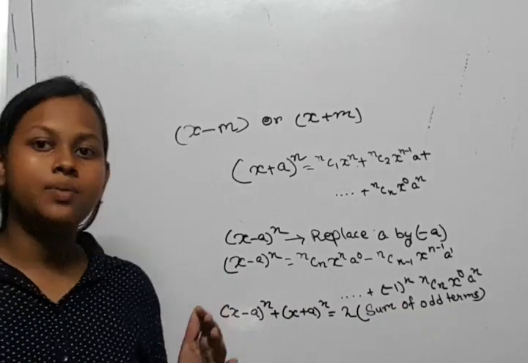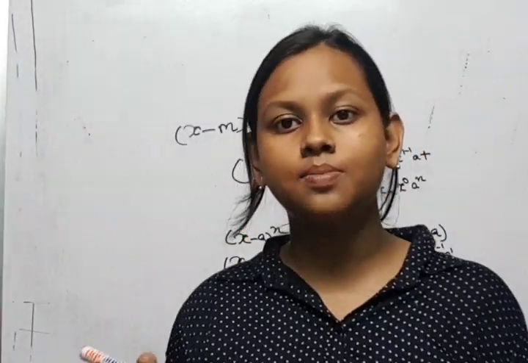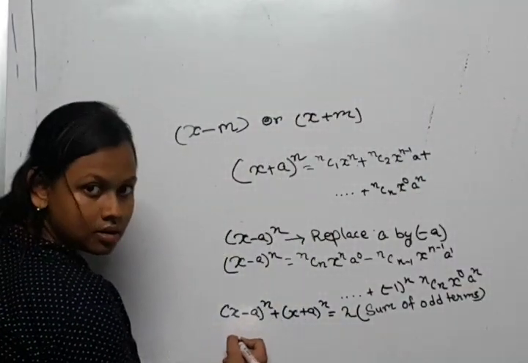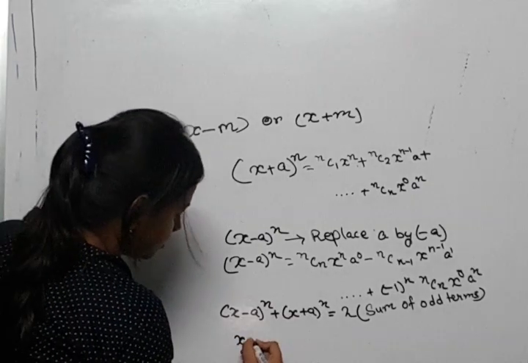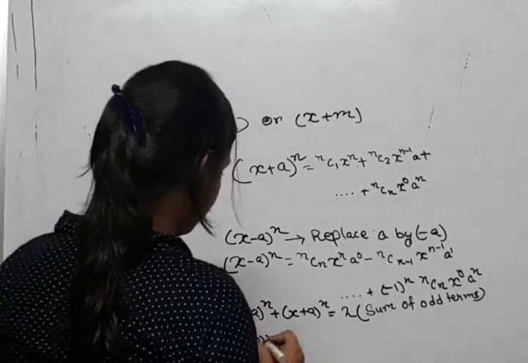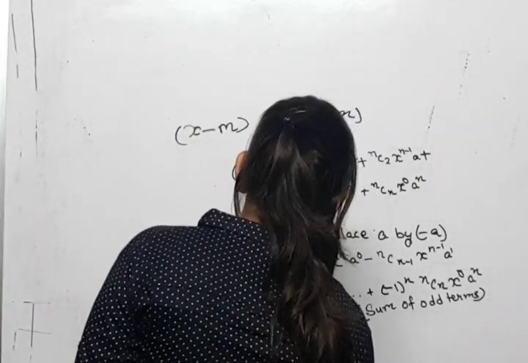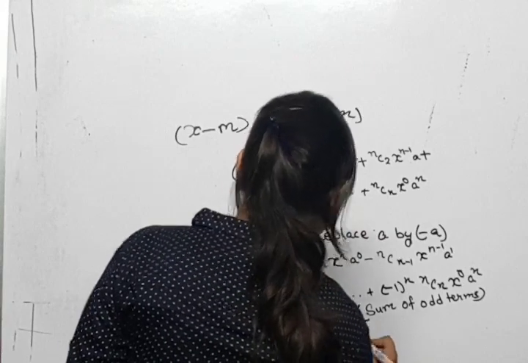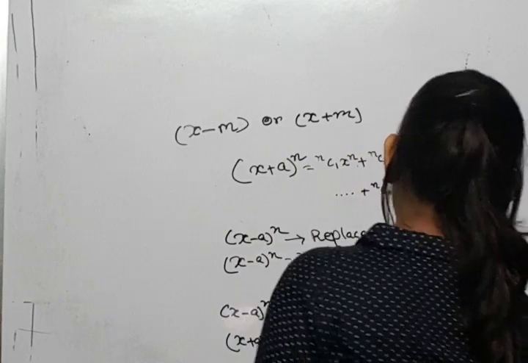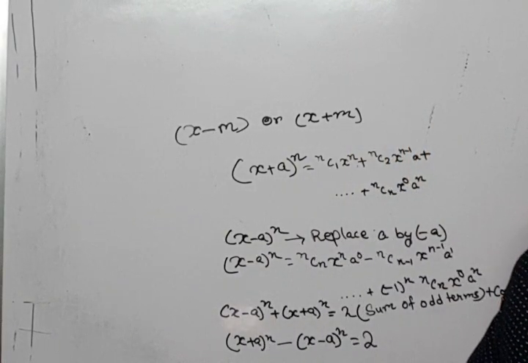and when it will be x plus a whole to the power n minus x minus a whole to the power n, here we will have the constant term also.